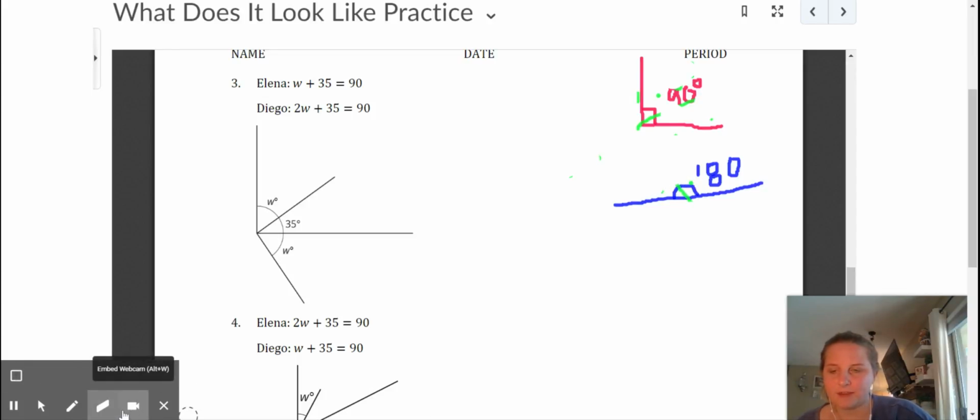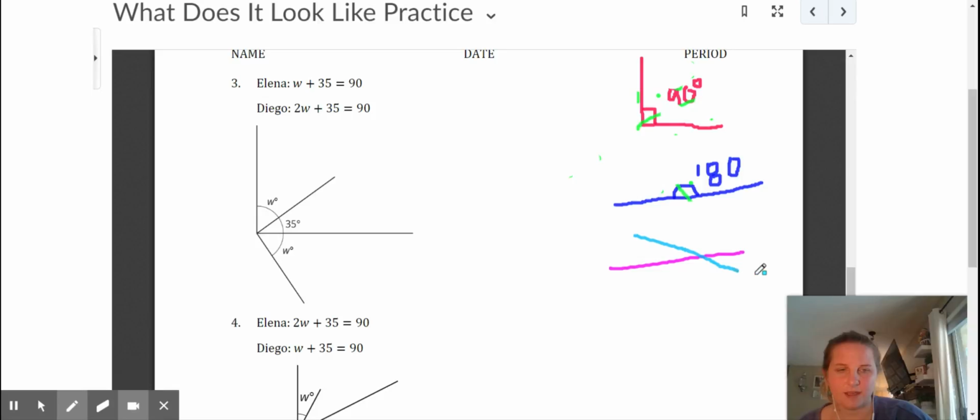Now, the other thing that you should discover is that if you have 2 intersecting lines, I need you to imagine that those are perfectly straight lines. If the angles are across from each other, they're going to be the same. So you've got this angle and this angle.